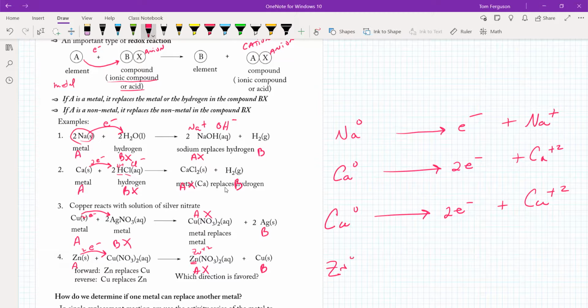Zinc metal. So in a single replacement reaction, we have electrons being transferred, as opposed to a double replacement reaction where no electrons are transferred.